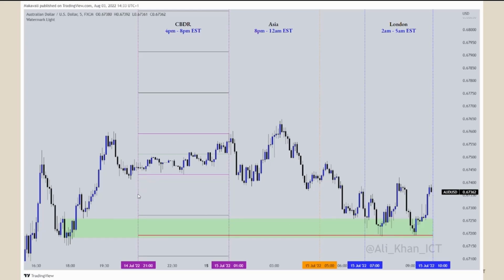By now you should know that because the algorithm is very limited in what it can do and it's based on mathematical calculations, 0.5 levels are always really strong and the algorithm will refer to these levels. So the midpoints of these central bank standard deviations are also very sensitive.